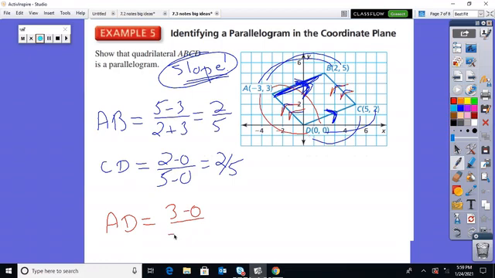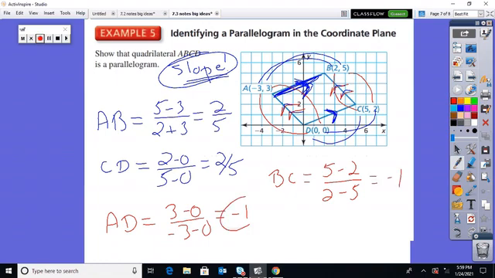Negative 3 minus 0. So 3 over negative 3 is negative 1. Now let's check BC. BC's slope, 5 minus 2 on top of 2 minus 5. So 3 over negative 3 again, negative 1.